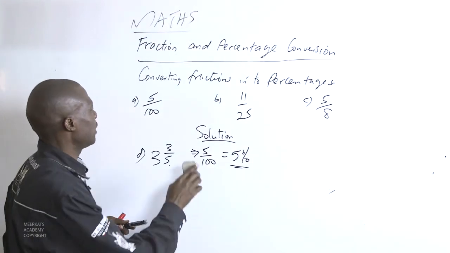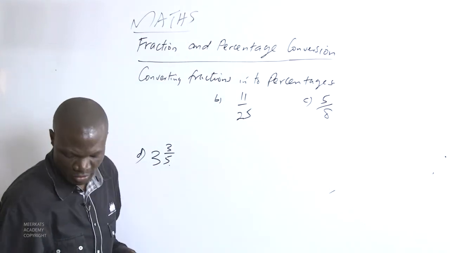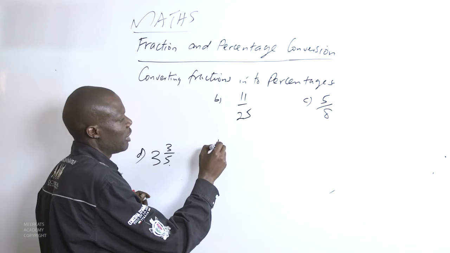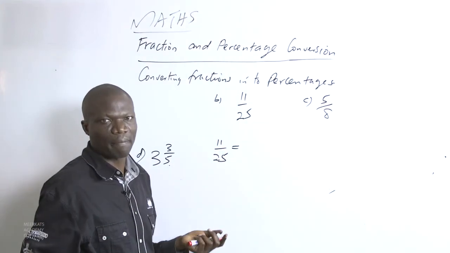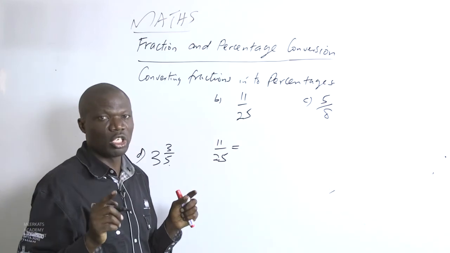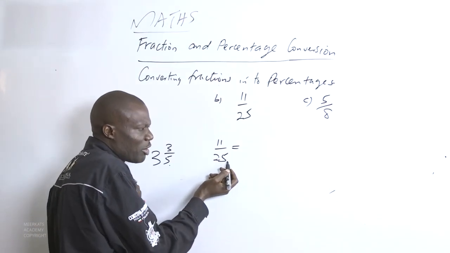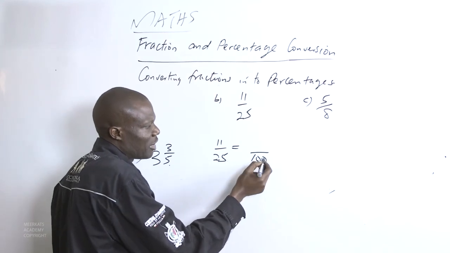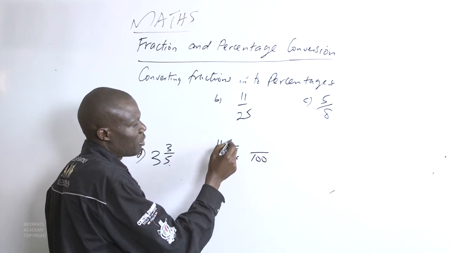Second question is asking us to convert 11 over 25. For 11 over 25, we need to come up with the equivalent fraction whose denominator will be 100. What do we need to multiply 25 by to get 100? You'll get 100 by 25 is 4. So multiply here by 4, multiply here by 4.